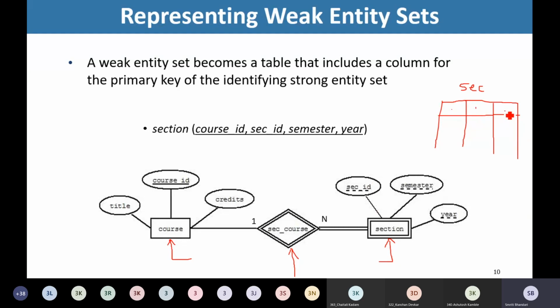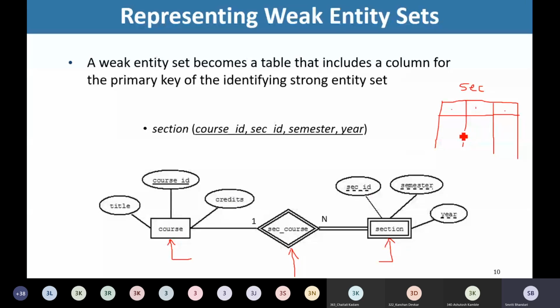So I'll be having section ID, I'll be having semester, and I'll be having year. But as this is a weak entity set, to identify individual entries in my weak entity set, I need to take help from the corresponding identifying entity set. In this case, it is course.